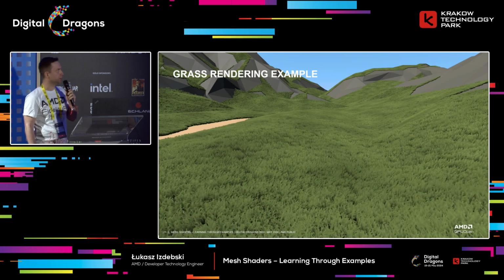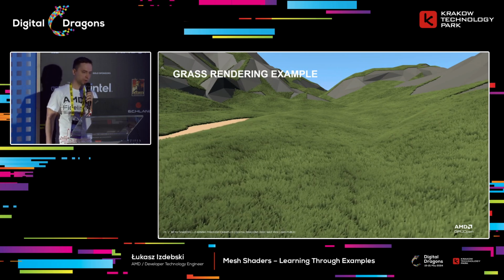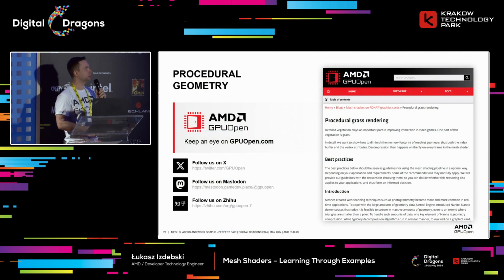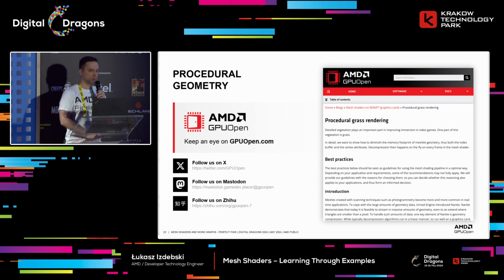This foliage is rendered entirely using the technique I mentioned, with an amplification shader and a mesh shader. How did we do it? This time, the blog post is available on our GPUOpen site, so I encourage you, if you're interested, to go and read it.